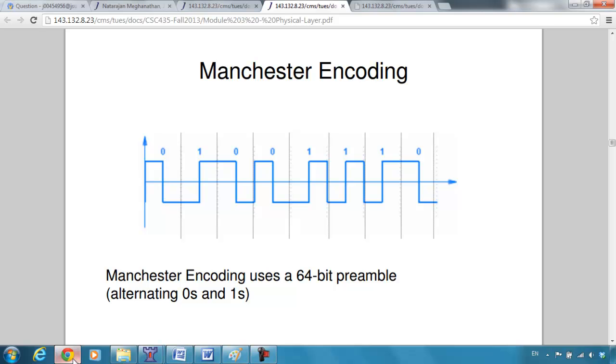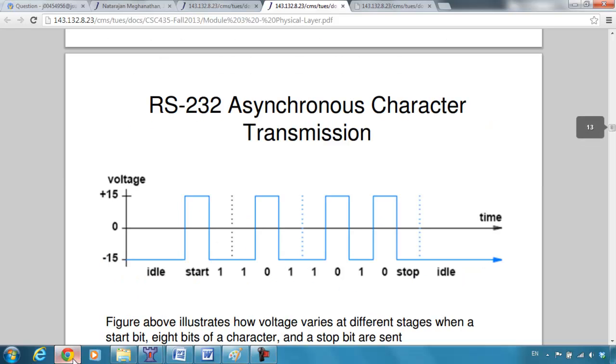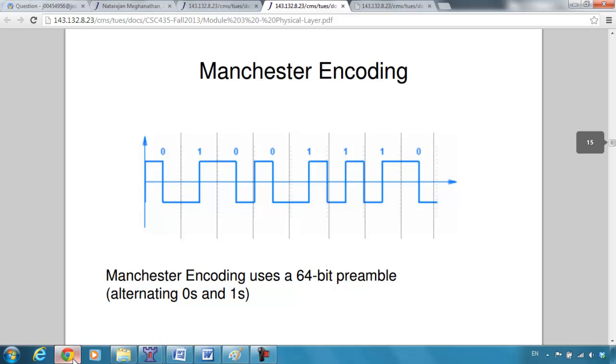So there a discrete voltage level like plus 15 or negative 15 volts encoded the transmission of bits 0 and 1. As here the transition from a positive to negative for bit 0 and from a negative to positive voltage level for bit 1.